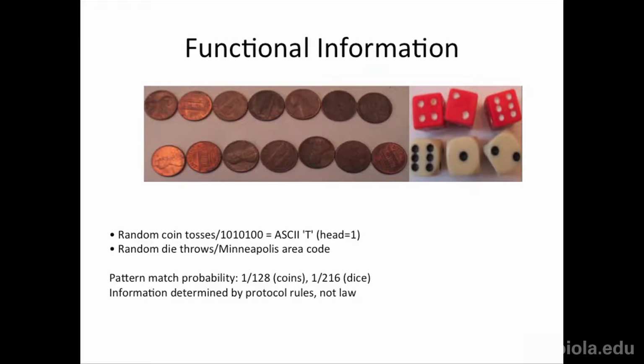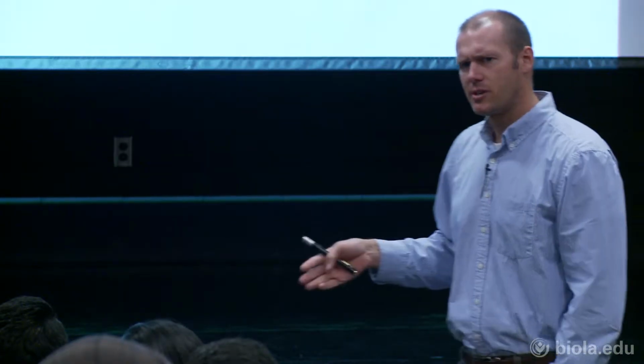If you just generated that random coin toss, you've got some Shannon information, right? Because for every position, you've chosen 1 and excluded 0, so we have information, okay? That in itself is purely Shannon information, right? We can represent that by probabilities of how often that would come up.